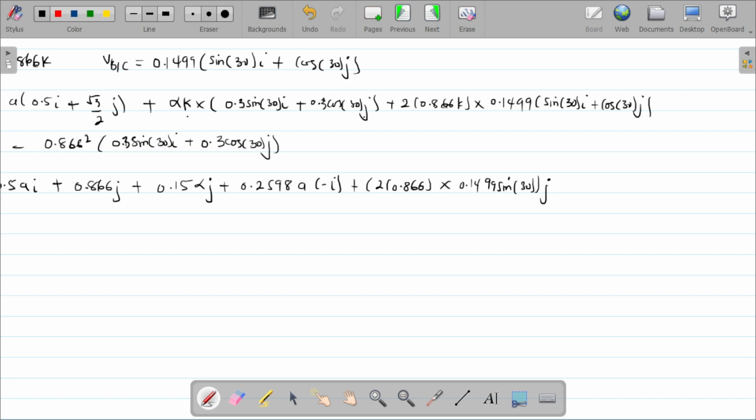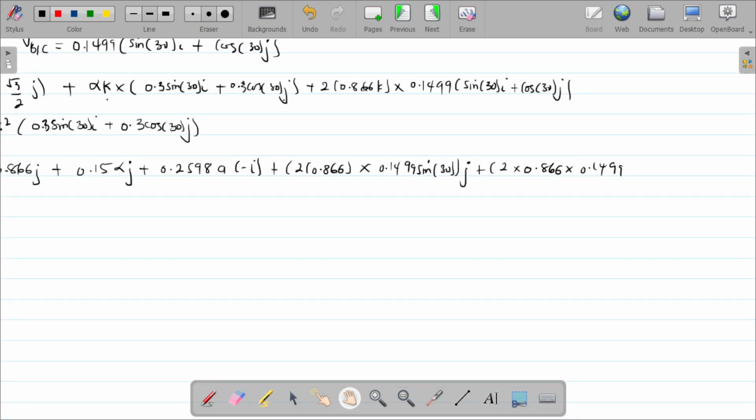So 2 times this, which is plus 2 times 0.866 times 0.1499 cos 30, and then the direction I have what? k cross j. k cross j is going to be negative i.